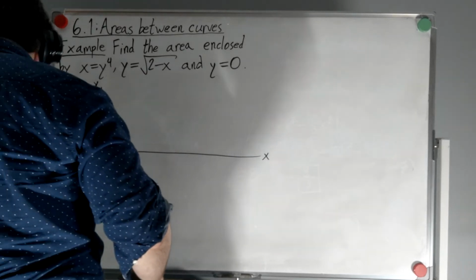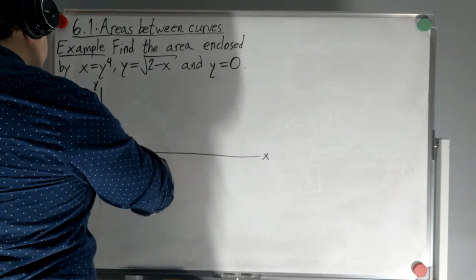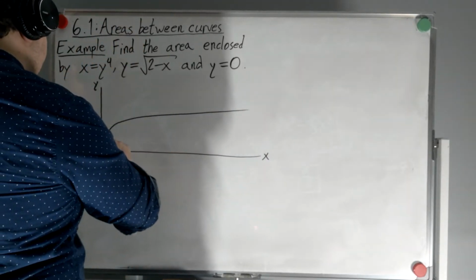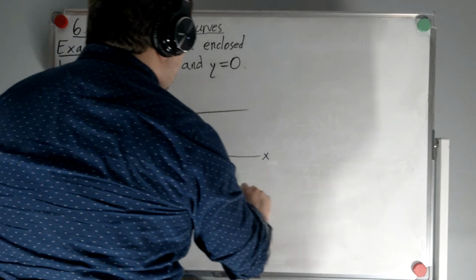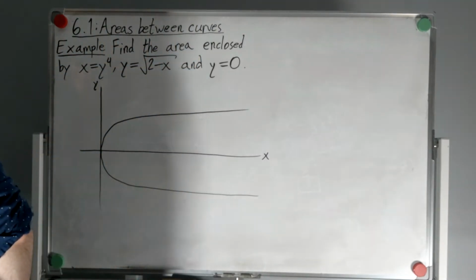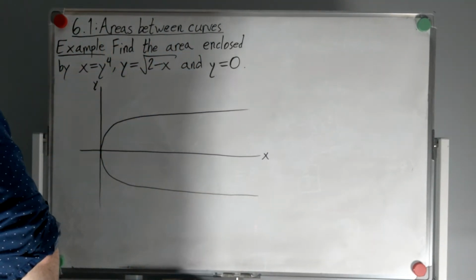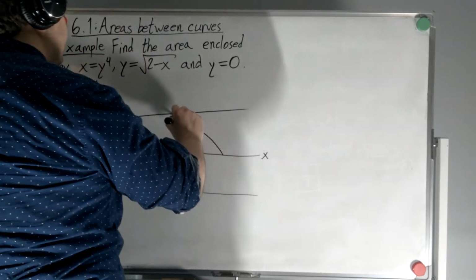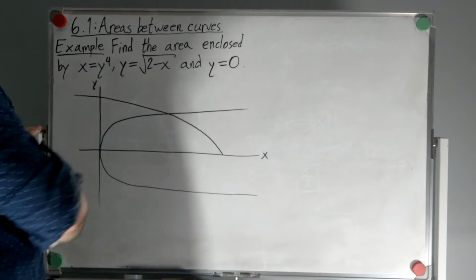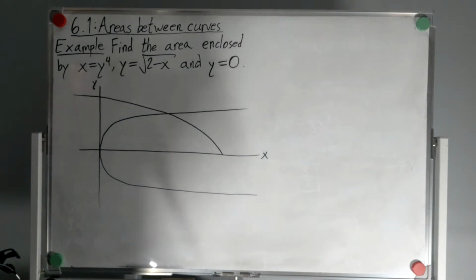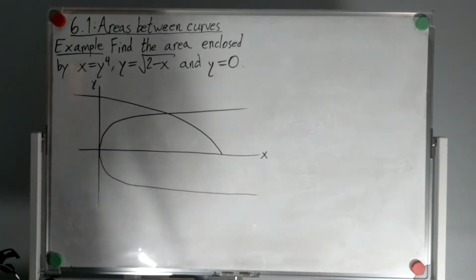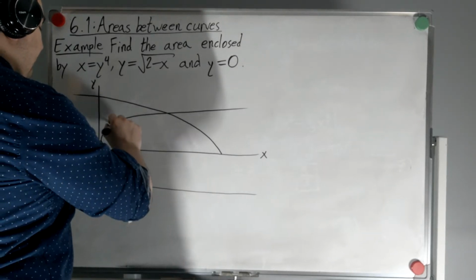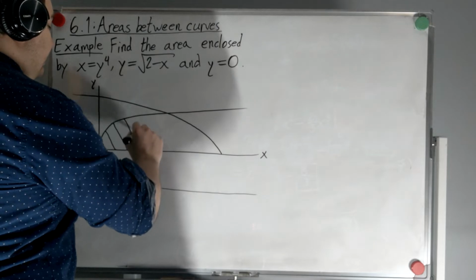So y equals x to the 4th kind of looks like this. Y equals the square root of 2 minus x kind of looks like this. And then y equals 0 is just the x-axis. So we're trying to find the area of this region right here.